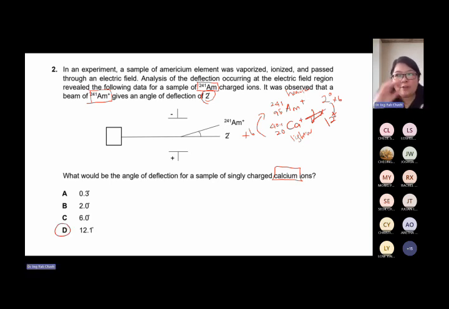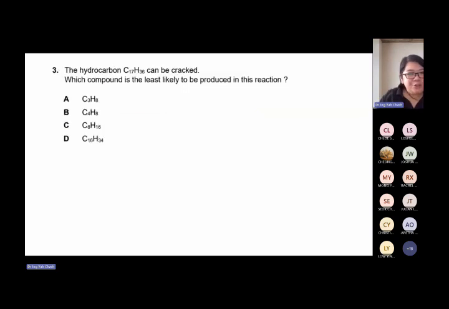So next time if they give you something like this again, you need to compare how many times their mass ratio is. Okay, question 3 is about cracking of a hydrocarbon, C17H36. Now for any hydrocarbon, if it undergoes cracking, because of the limited number of hydrogen, if two products are formed, it will form one alkane and one alkene.